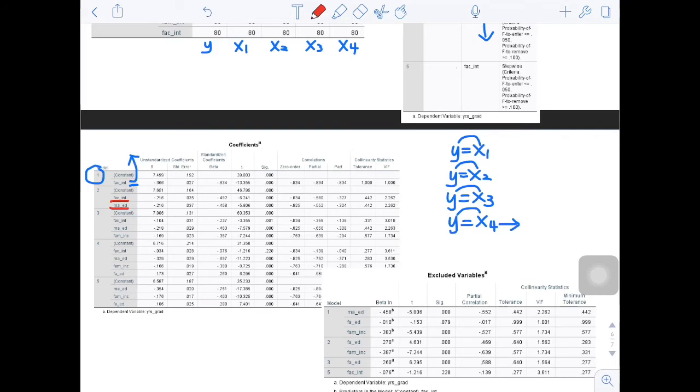Once this has been selected, SPSS would have run another regression using x4 and x1, x4 and x2, x4 and x3. So in this combination, which one would have had the highest criterion? And you know the answer, because model 2 says it was faculty interaction and mother's education.